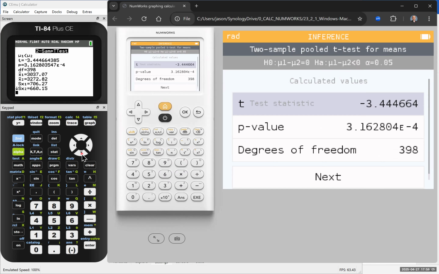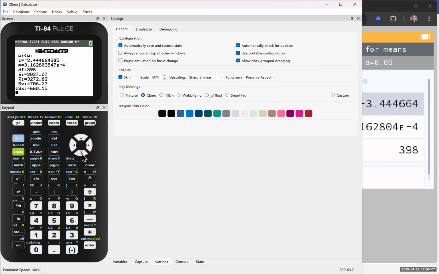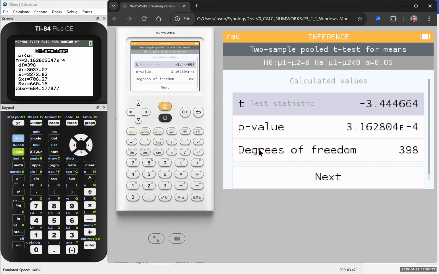And so you'll notice that if I scroll down one more on the Texas Instruments, this gives us our pooled standard deviation, 684.178, roughly. But the NumWorks calculator does not give us that. We'll hit next, but I don't think it's going to give it to us. I think this is as far as we get to go.